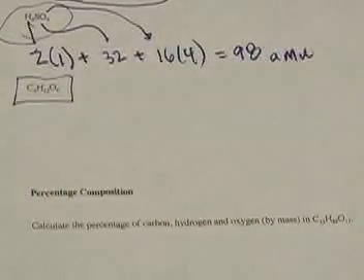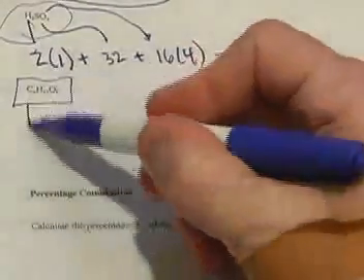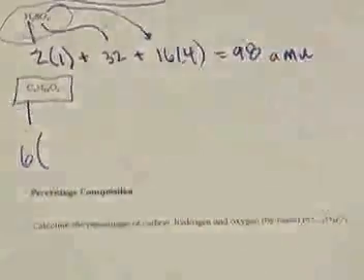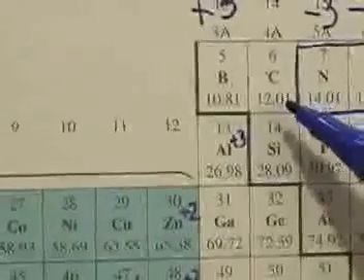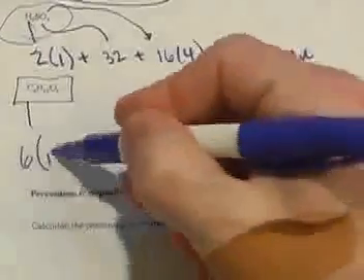C6H12O6. If I wanted to find the formula mass of this, I would take 6 times whatever carbon's atomic mass is. If I look on the periodic table, carbon has an atomic mass of 12, and you'll get quick at memorizing some of these and knowing what they are fairly quickly.